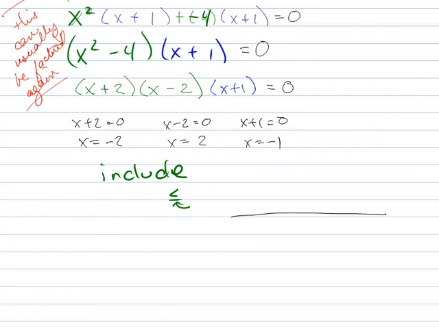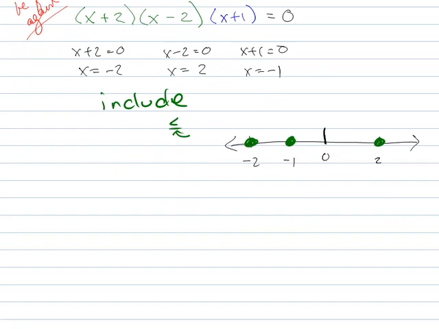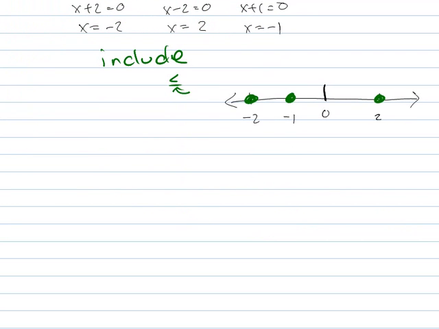So when I graph this on my number line, here's my 0. I've got a 2 and a -1 and a -2. I'm going to include all those points because that's where they're equal to 0, and I'm looking for less than or equal to 0. So how many sections do I have here?